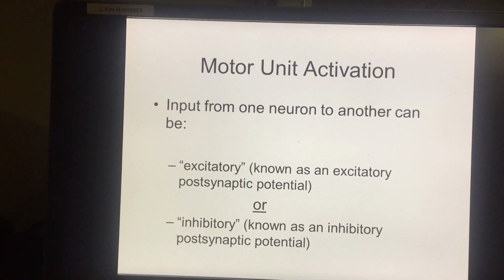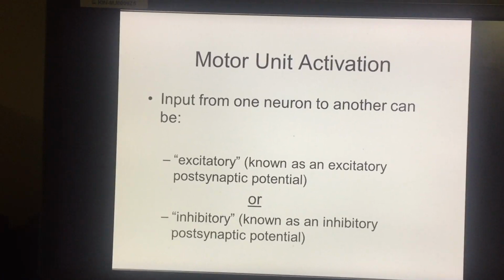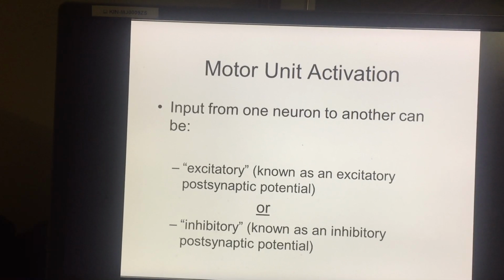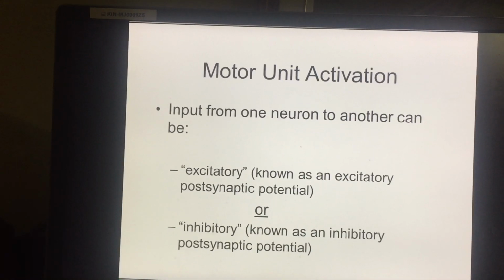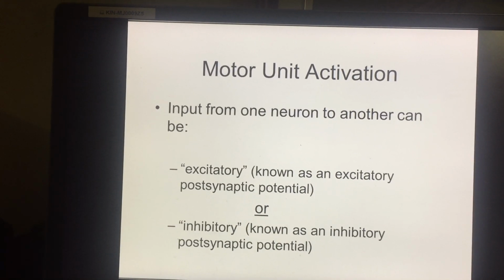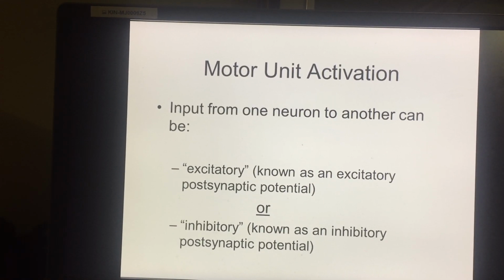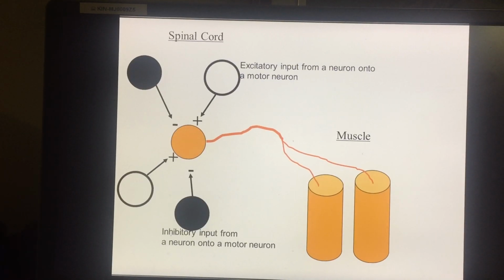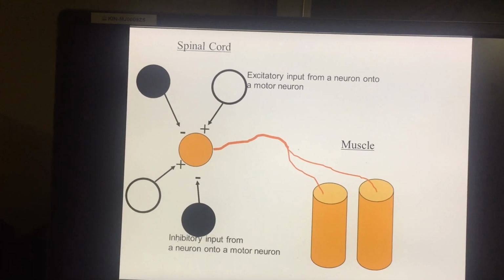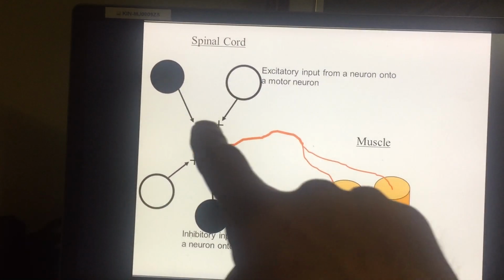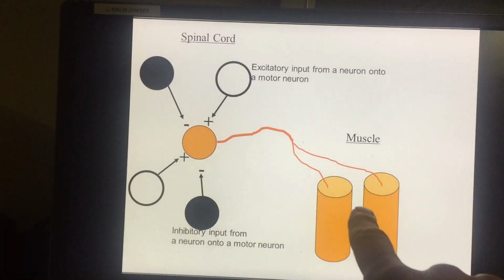You can have these neurons sitting in the spinal cord and they receive input from other neurons that can be either excitatory or inhibitory. Excitatory input could come from your brain centers. Inhibitory input could come from receptors in your muscle. So this just demonstrates this concept where you have a motor neuron that's connected to its muscle fiber.